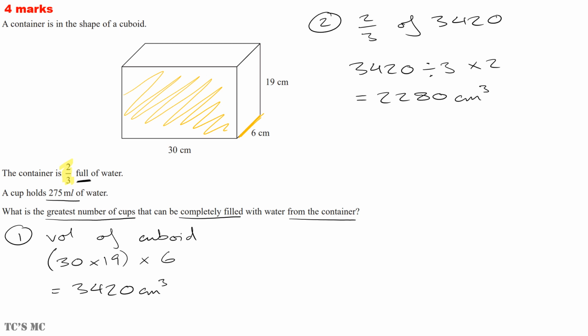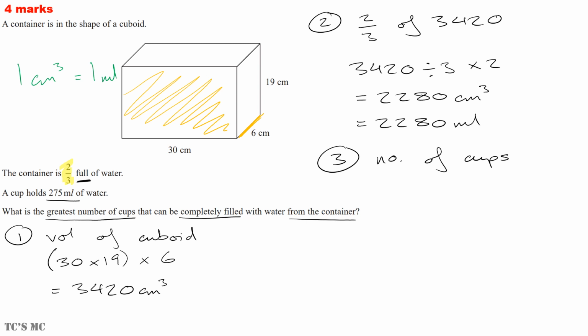It is worth remembering 1 cubic centimeter is equal to 1 milliliter. So in other words, we have 2,280 milliliters of water. We have 2 marks. For our third mark, we need to know the number of cups of water. So now we need to do 2,280 divided by 275.